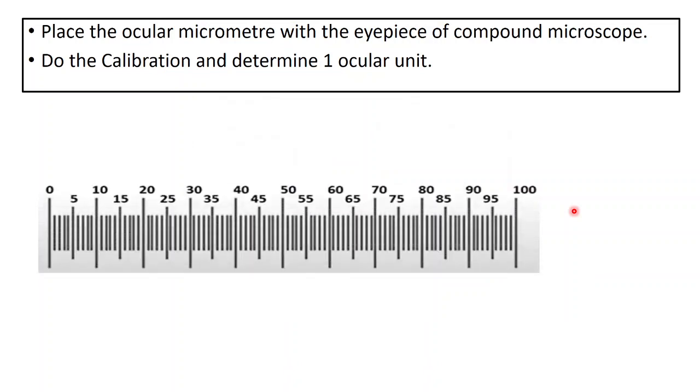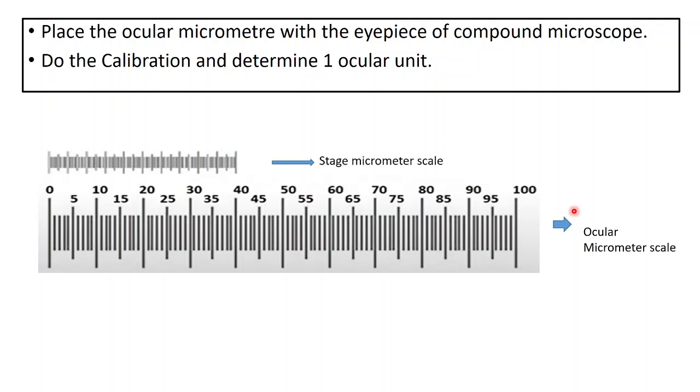After that you have to place the ocular micrometer scale into the eyepiece of the compound microscope, and do the calibration with the stage micrometer scale. Here you can see that the stage micrometer scale, which consists of 100 divisions, is coinciding with 40 divisions of the ocular micrometer scale.